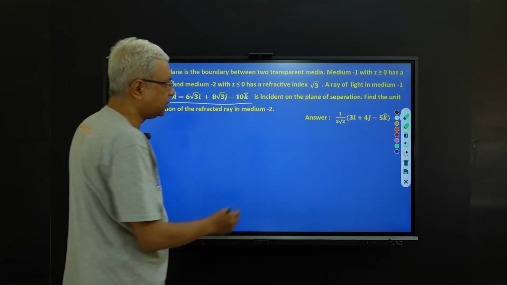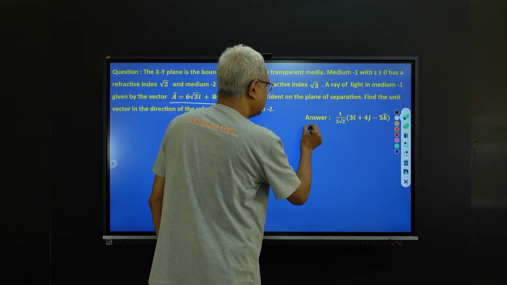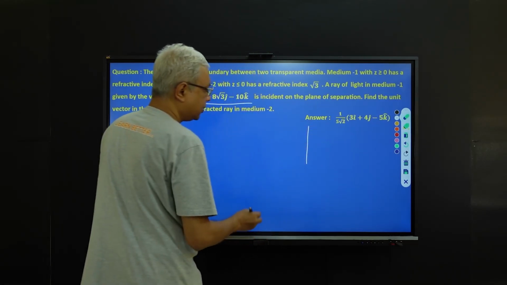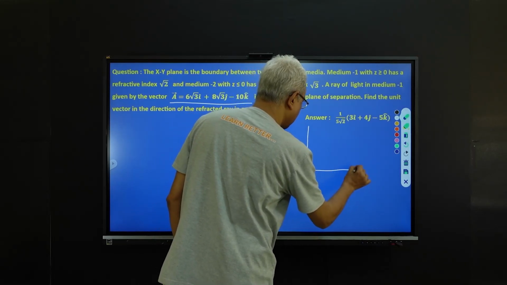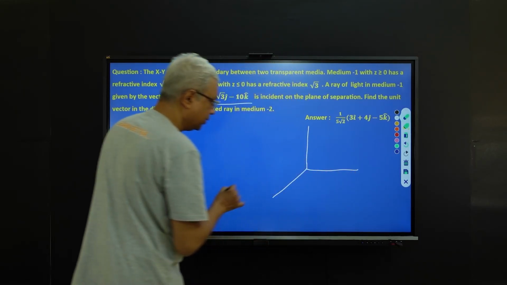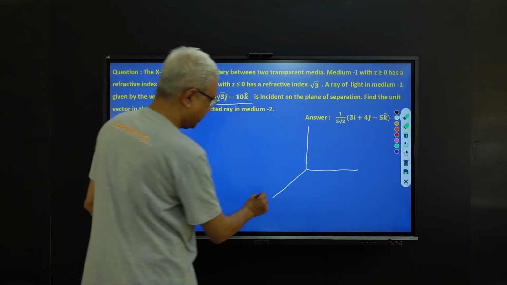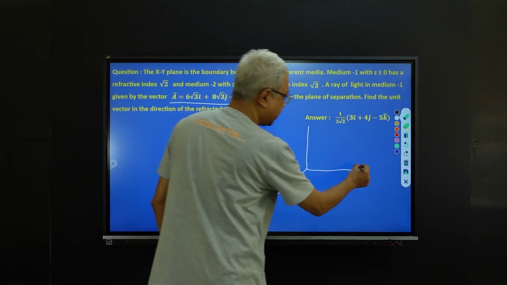Okay. Now, let us try to draw a representative diagram for this problem. So, this is the XYZ coordinate axis.